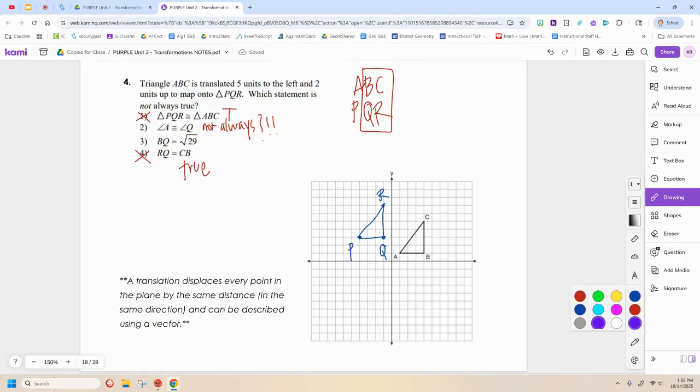BQ. The length of BQ, this segment from here to here, is radical 29. All right, so we haven't 100% gotten to this, but this thing that's BQ is essentially what's called a vector.